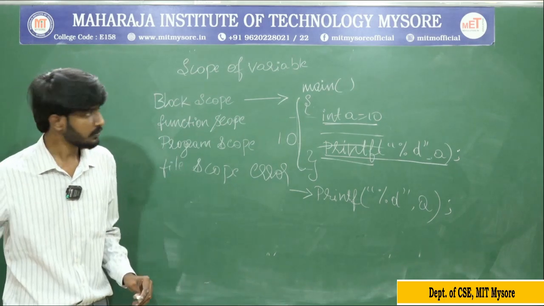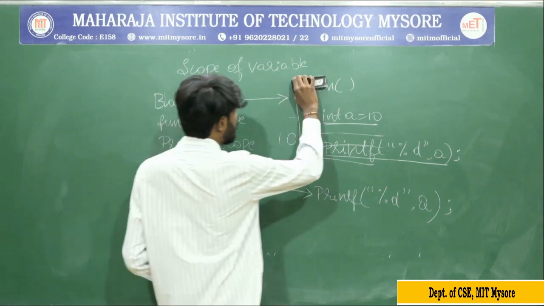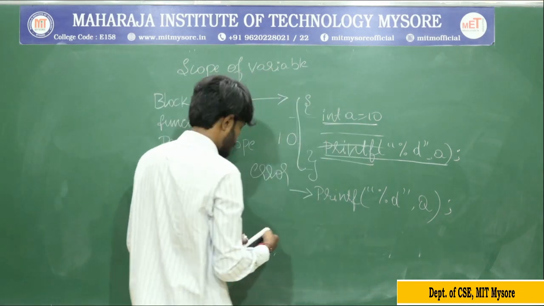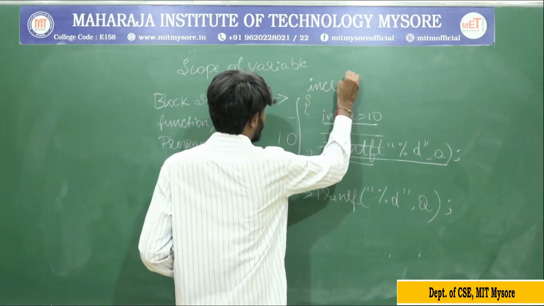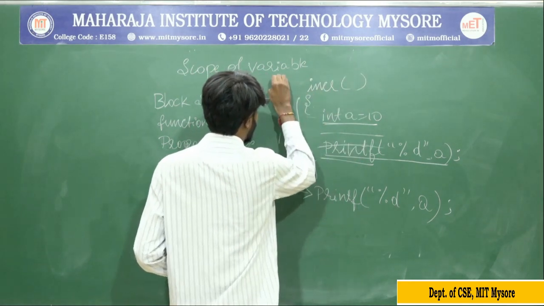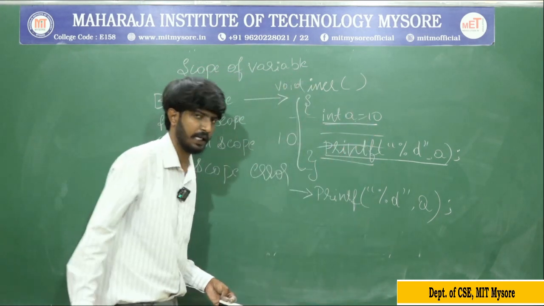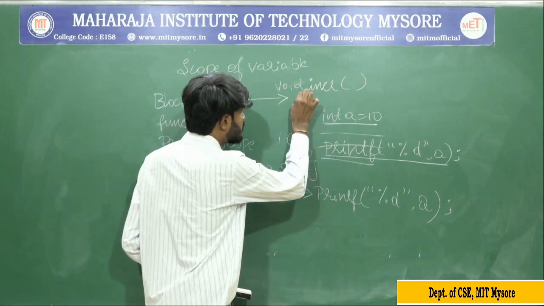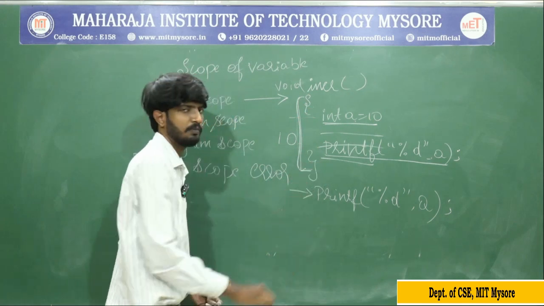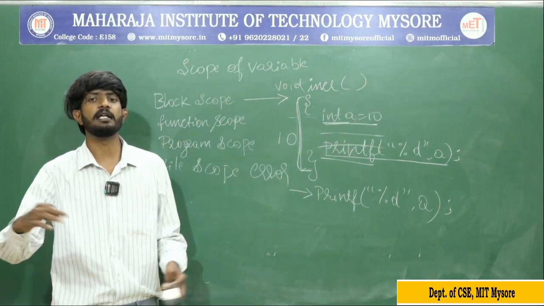Next is function scope. If I have an increment function here, a void function, and I have int a here, then after executing this function block, the value of a will be ignored.